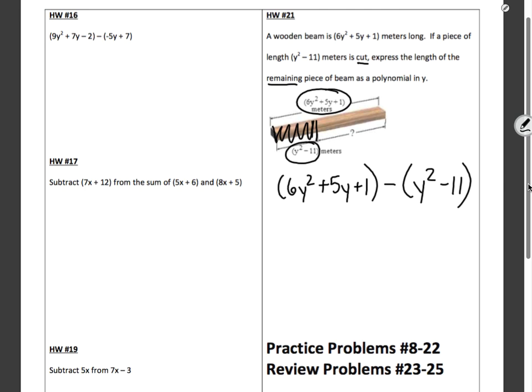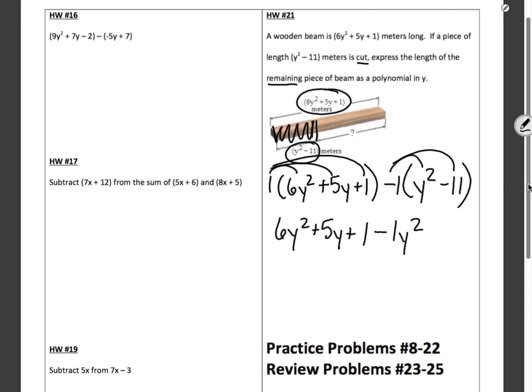Notice I kept those in parentheses. So putting ones in front of my parentheses, I'll distribute. 6y squared plus 5y plus 1. I just multiplied each one of those by 1. Here I'm multiplying by negative 1, so negative 1 times y squared is negative 1y squared. Negative 1 times negative 11 is positive 11.